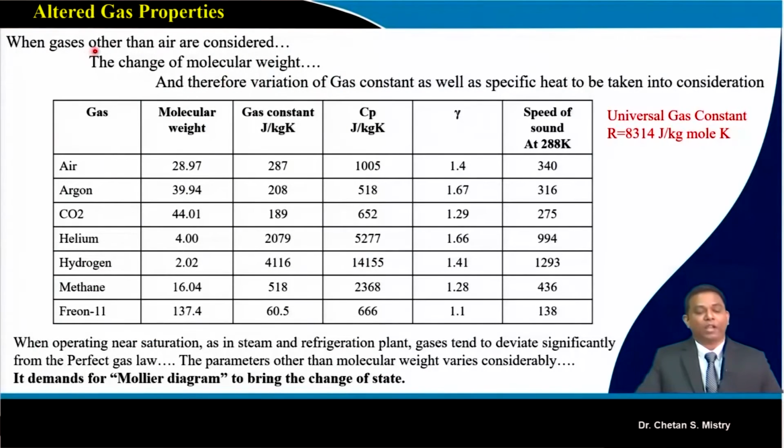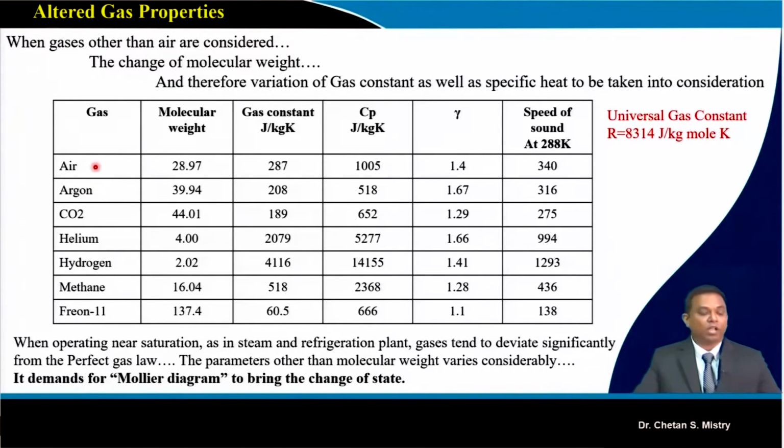When gases other than air are considered, there will be a change in your molecular weight, and that's the reason why you will have variation in your gas constant, as well as variation in your specific heat. Here is a table representing different kinds of gases that people are using these days, especially for these compressors.